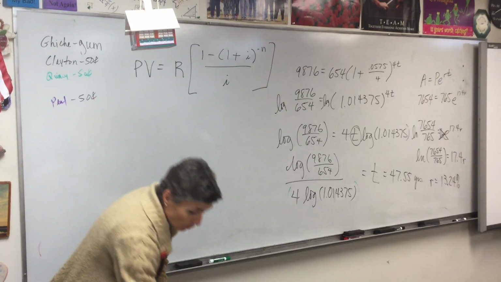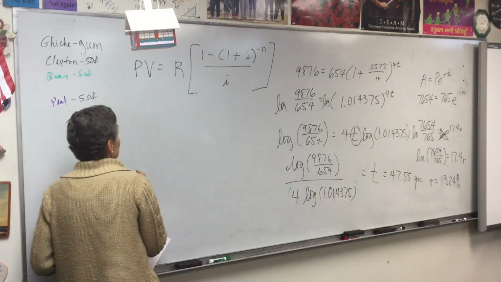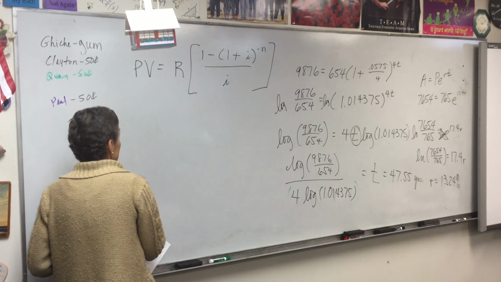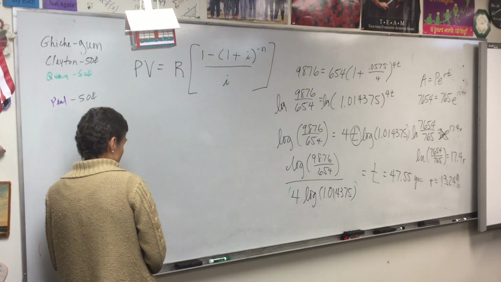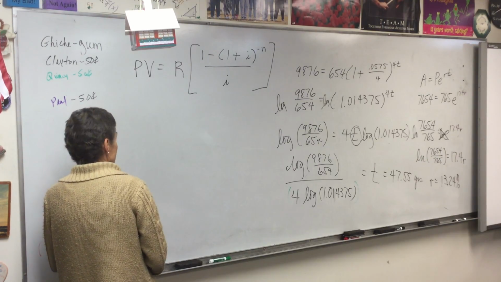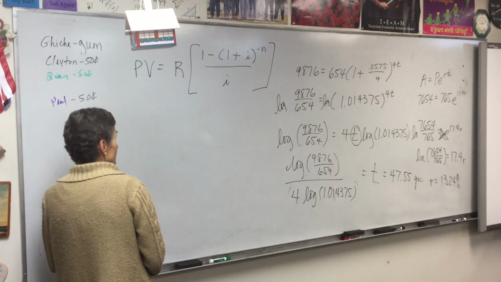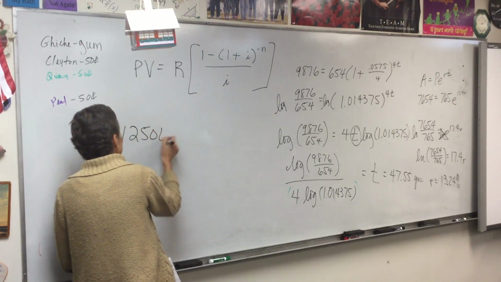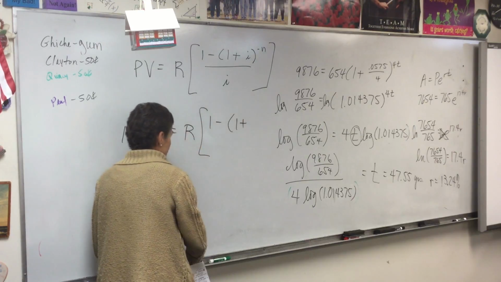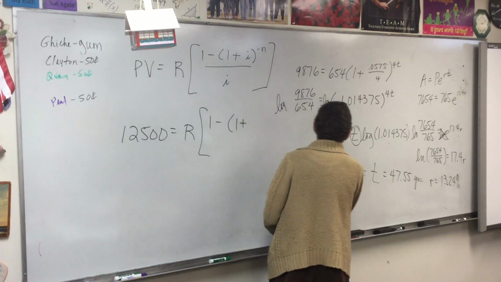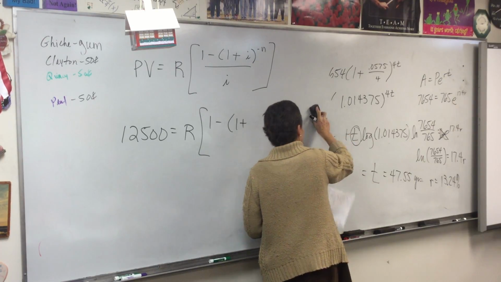Okay, so now what goes where? Uh-oh. What's the present value of the loan, people? 12,500. So 12,500. What's my interest rate? You gotta be careful in these formulas. You don't just put in 0.0895.